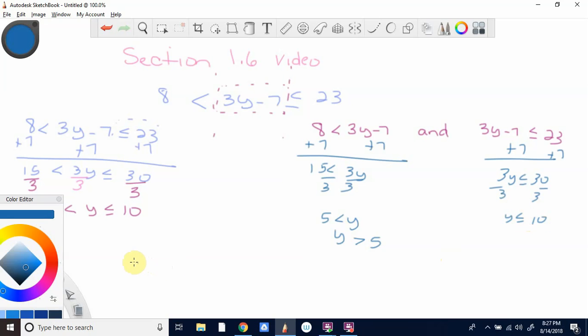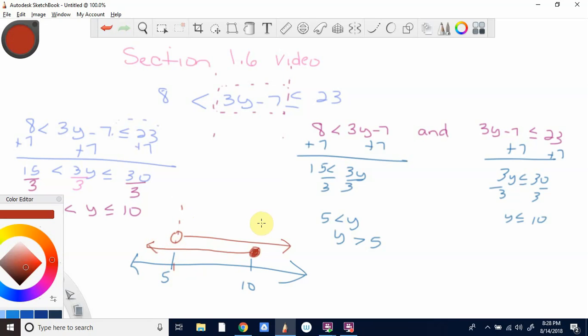Now let's go graph both of these. We said 5 and 10. We want y greater than 5 and y less than or equal to 10.